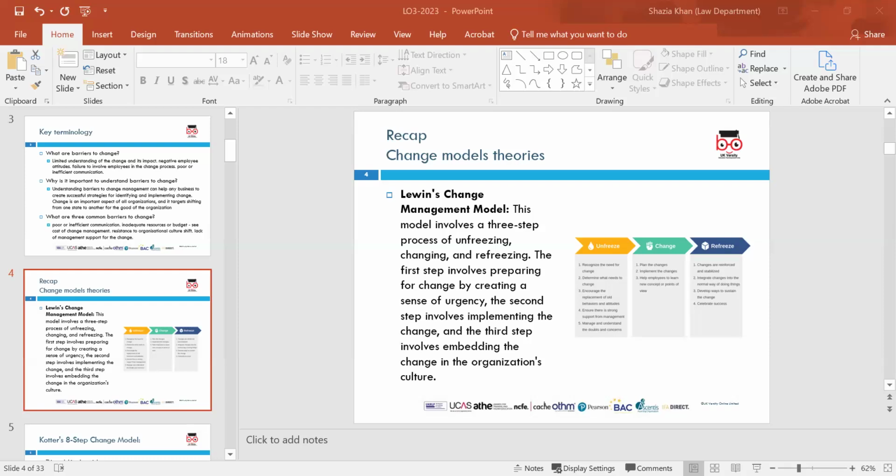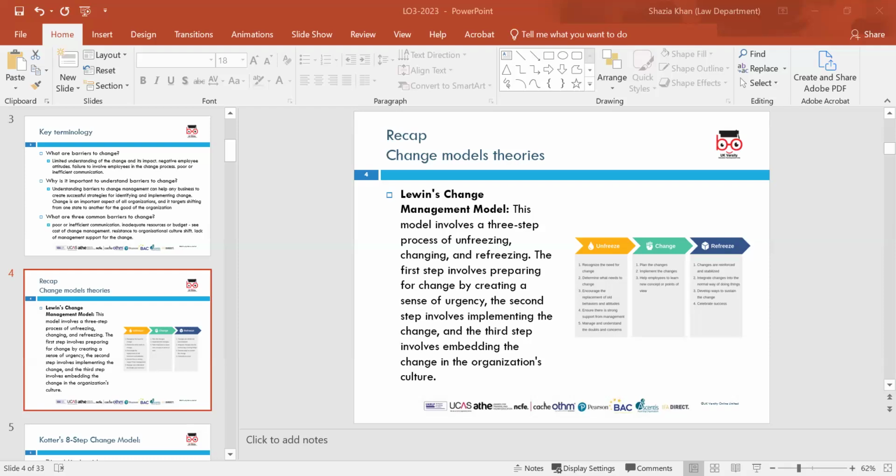So here the organization enters the second phase of the transition, where the first phase has taken place. And then you've got the refreeze. This is the third stage of the process, and this is where change has fully been embedded and the team are now working in a new way. The key here is that it's a return to stability.